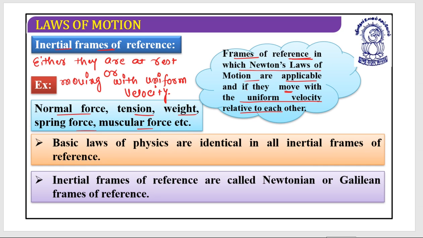So in the inertial frame of reference, the basic laws of physics are identical in all inertial frames, and inertial frames of reference are called Newtonian or Galilean frames of reference. So please remember this. A theoretical question can be asked from here.